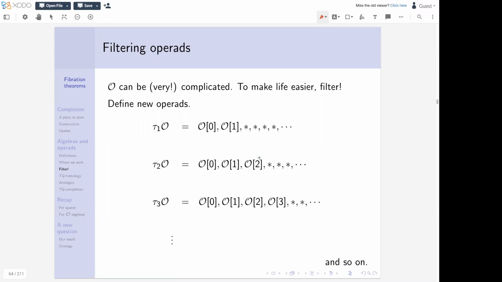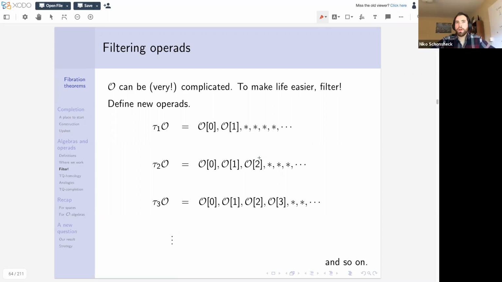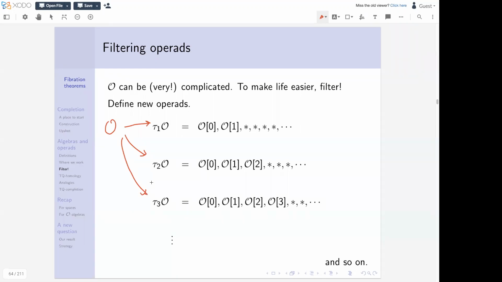Because if you're just making all the higher arity operations be the same, then it looks like a quotient of O. So it's not a quotient as far as I know, but there is a map. We'll talk about this in a second. There is a map from O to each of these guys that you get just by truncating.